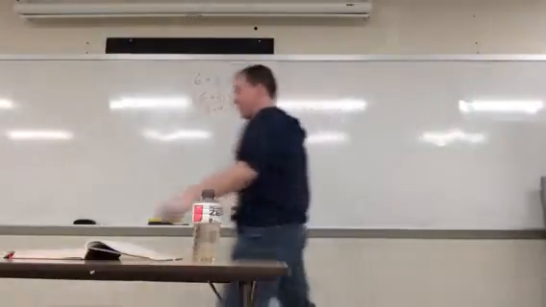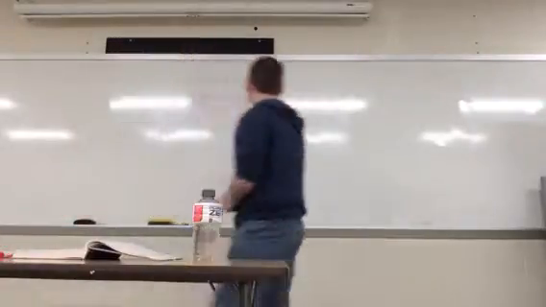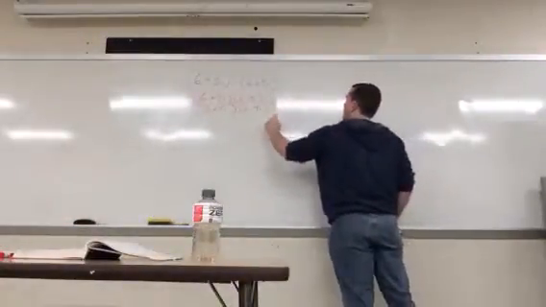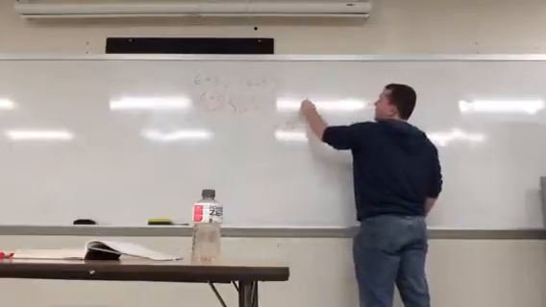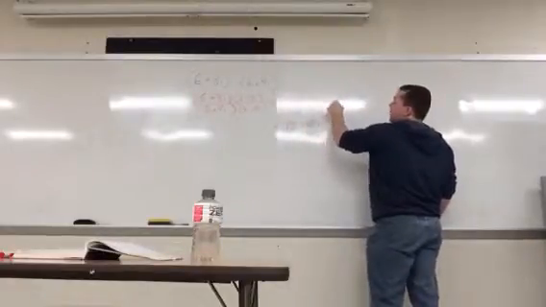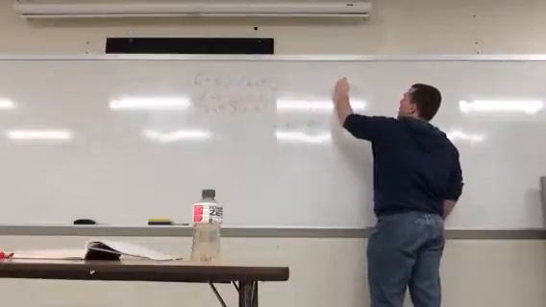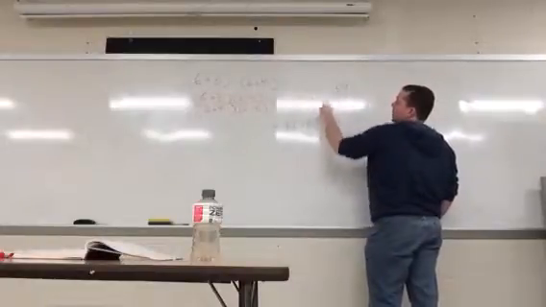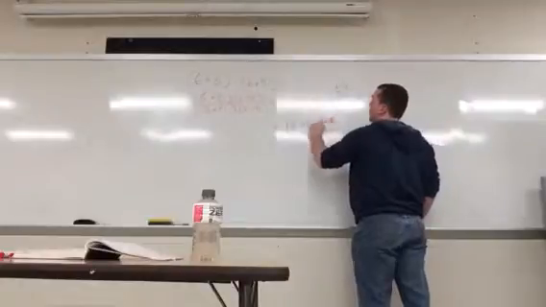Simplify everything out. On the top, 12, negative 24i plus 6i is negative 18i. Negative 12 times i squared, where i squared is negative 1, so it's negative 12 times negative 1, which is positive 12.